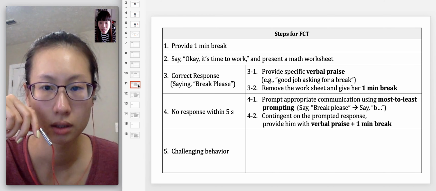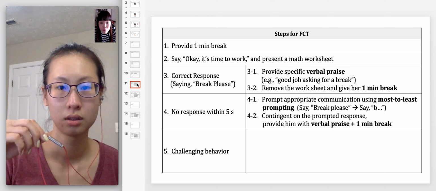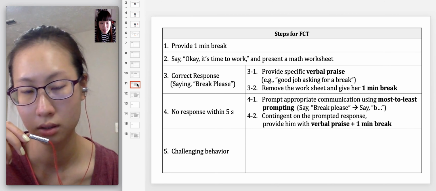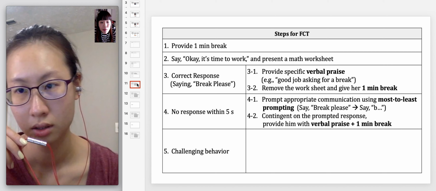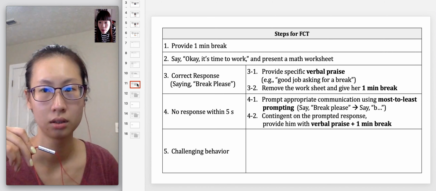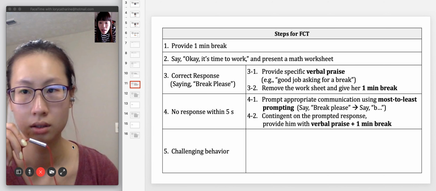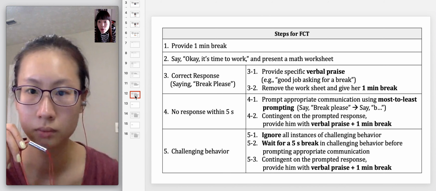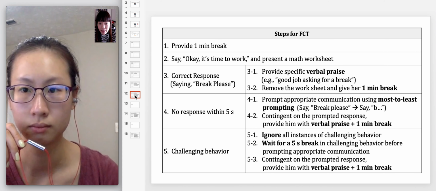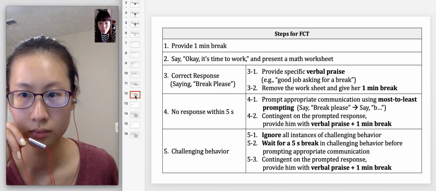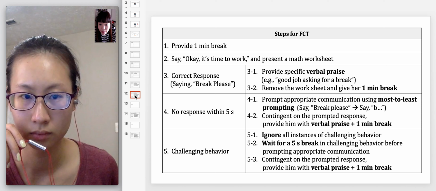If he doesn't respond, you will prompt appropriate communication using a most-to-least prompt. You can say "break please," or you can say "if you want to have a break, say break please." If he engages in challenging behavior, all instances of his challenging behavior will be ignored, and then you will wait for a 5 second break in challenging behavior before you prompt him to make appropriate communicative behaviors.